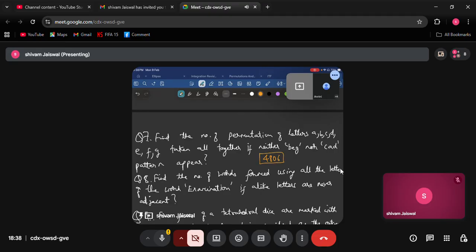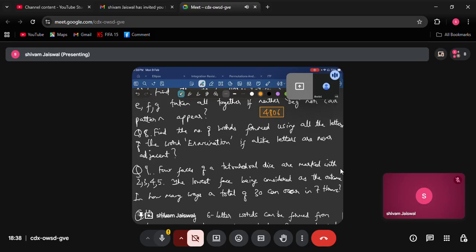Number 8, find the number of words using all the letters of the word examination.